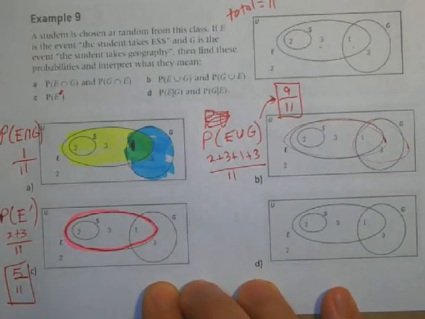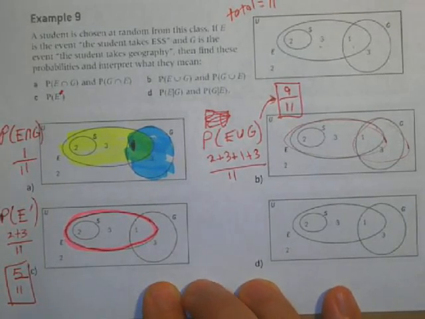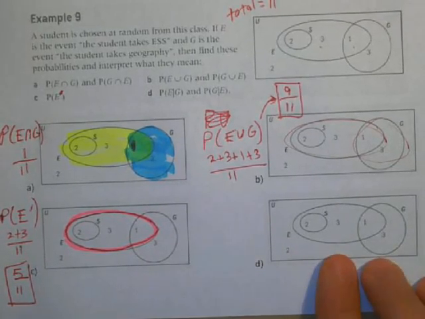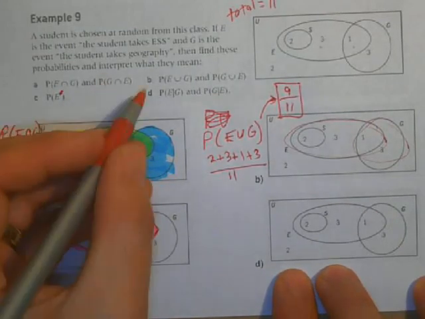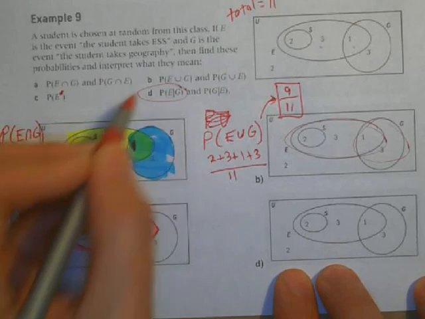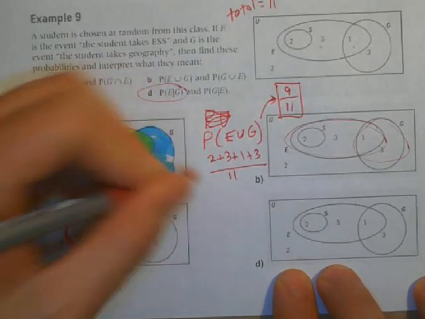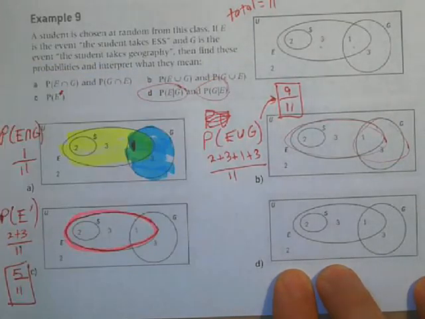And then lastly, let's look at this next example. They're asking the probability of E given G and the probability of G given E. Those are different answers.